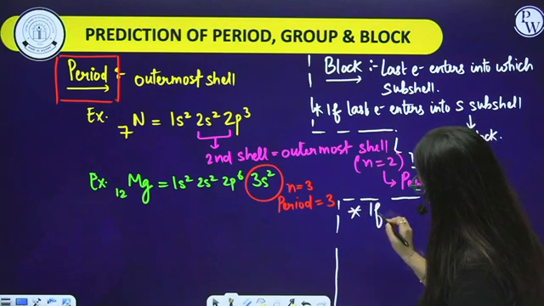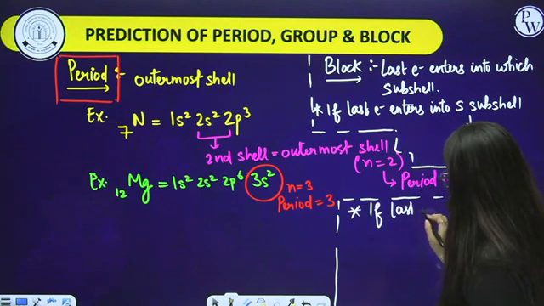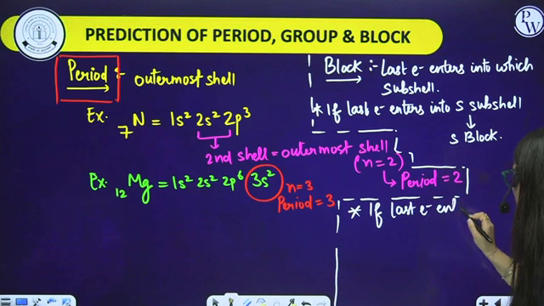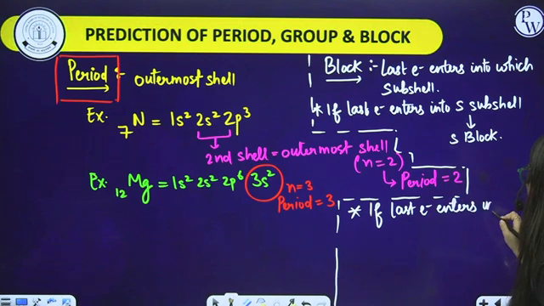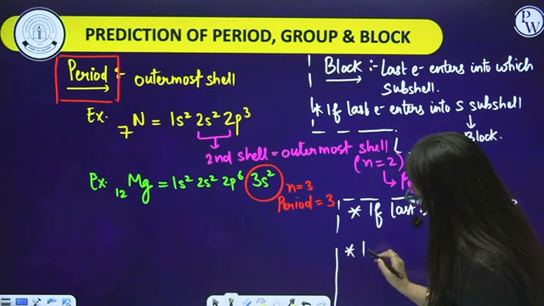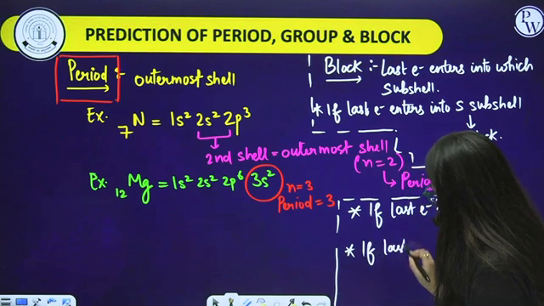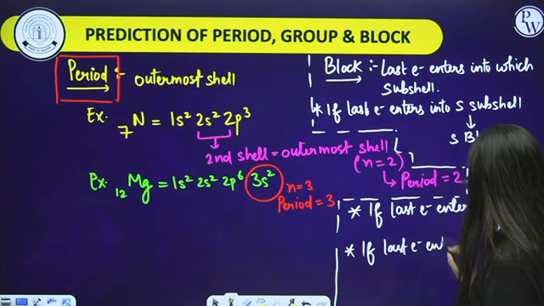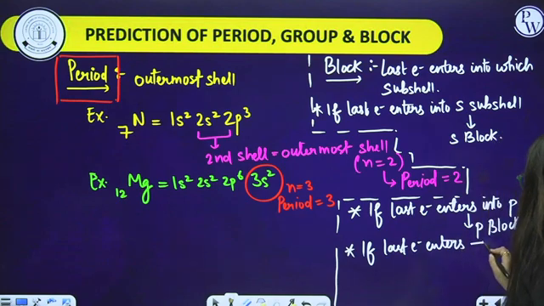If last electron enters into P subshell, so it is P block. If last electron enters into D subshell, so it is D block.